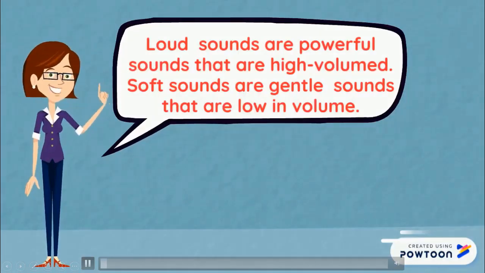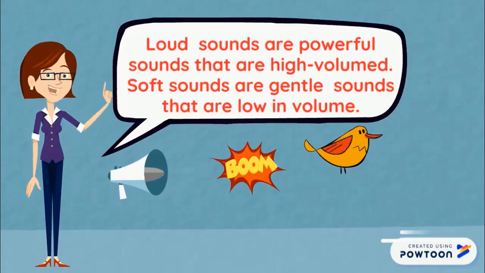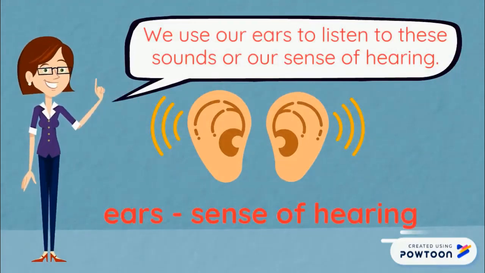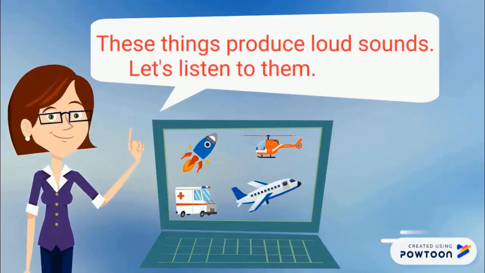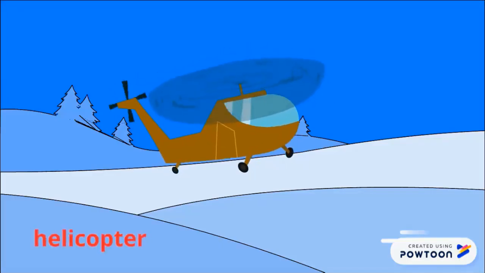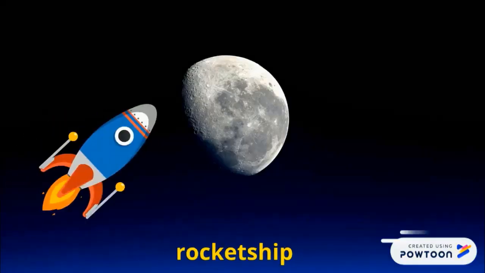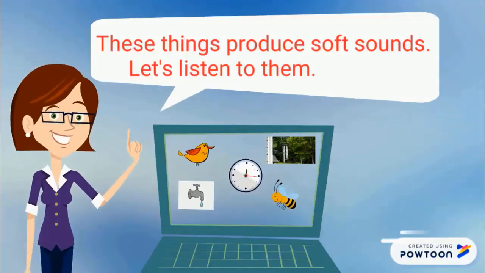Sounds are powerful sounds that are high volume. Soft sounds are gentle sounds that are low in volume. We use our ears to listen to these sounds, or our sense of hearing. These things produce loud sounds. Let's listen to them. These things produce soft sounds.